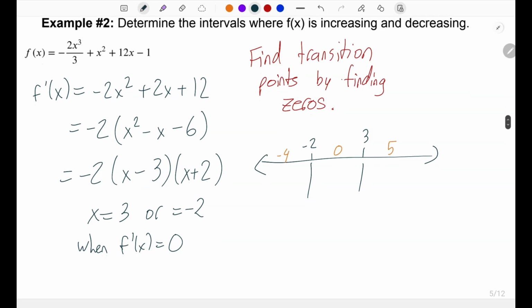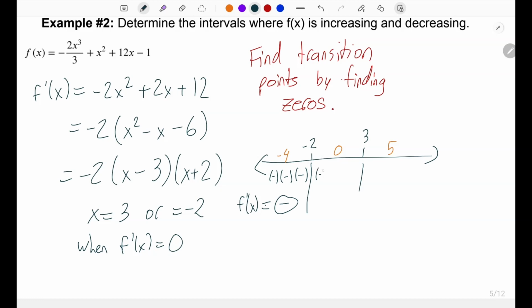So what I always like to do is I just look at the sign of all the different parts. So if I'm plugging in negative 4, well, what's f prime of x going to equal? Well, we're going to have a negative in front. So I'm just going to put a negative sign in front. That's the negative 2. Negative 4 minus 3 is negative. Negative 4 plus 2 is negative. 3 negatives together make a negative.